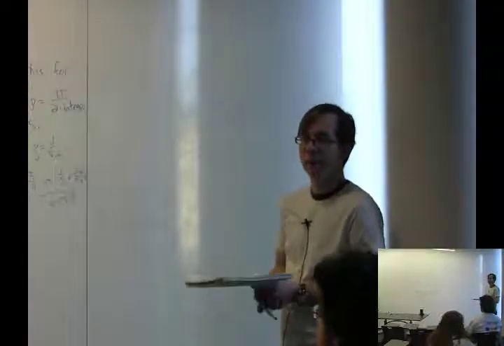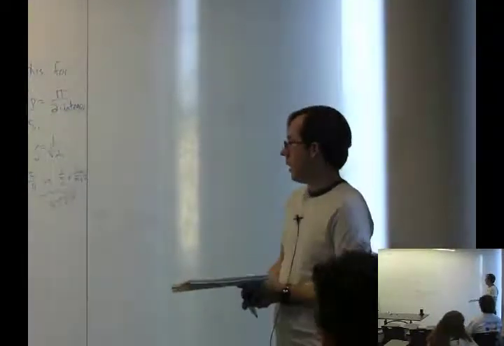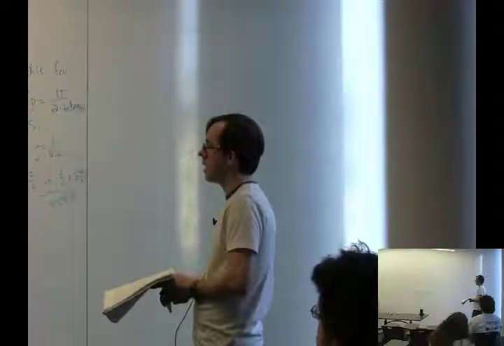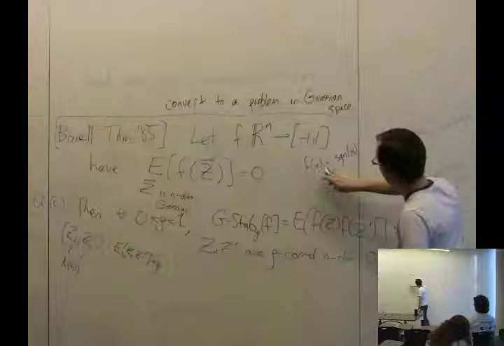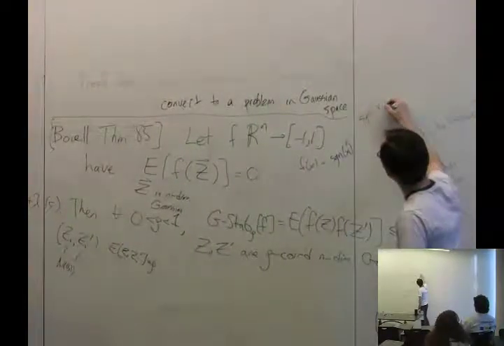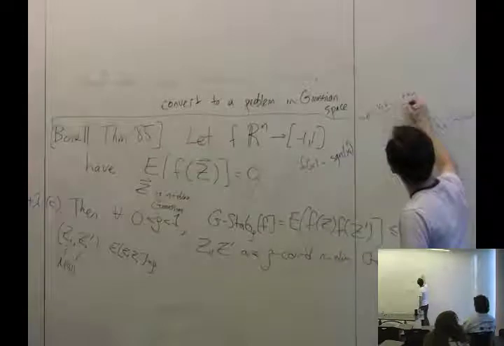Because it looks like a dictator to me, but it's not a dictator. Yes, it's not, because x1 is Gaussianly distributed. So this is more analogous to the function which is sign of x1 plus dot dot dot plus xn over root n.